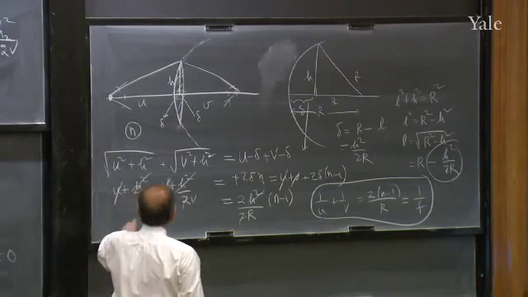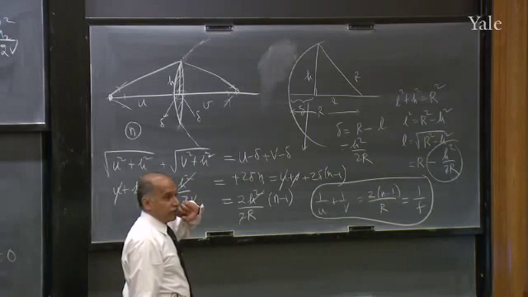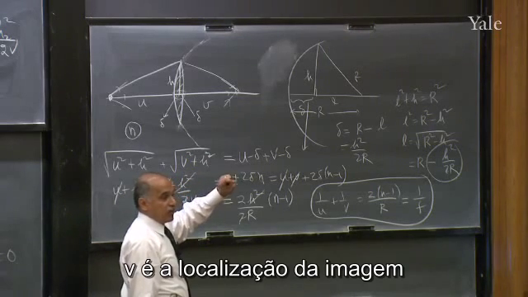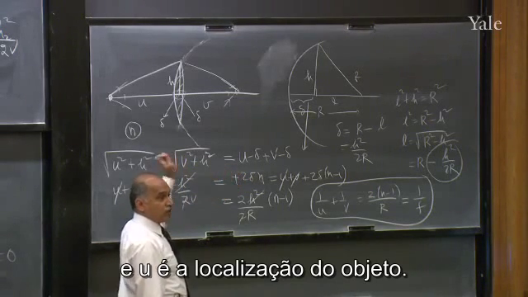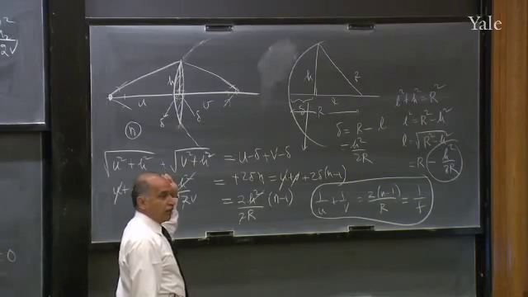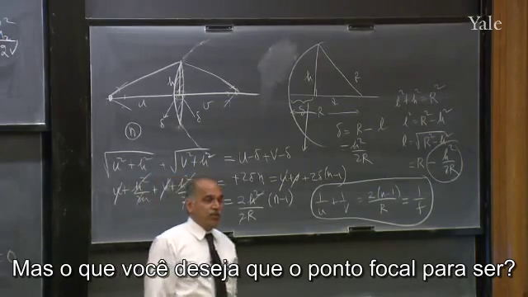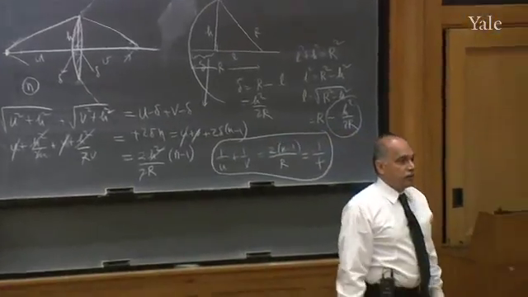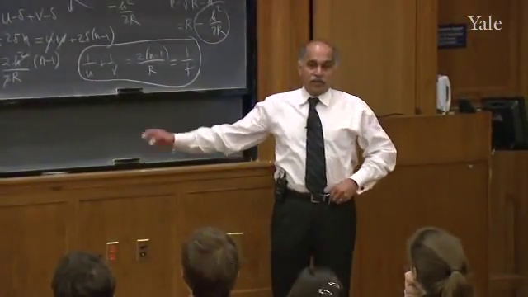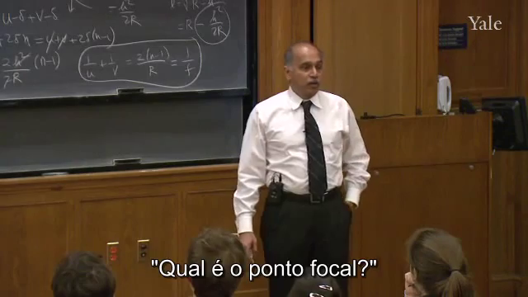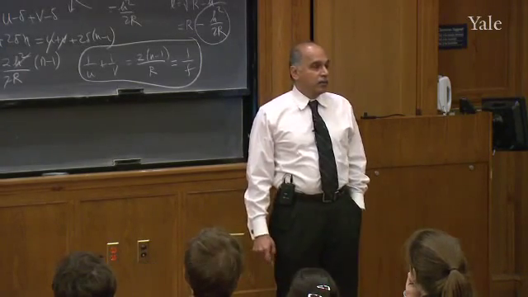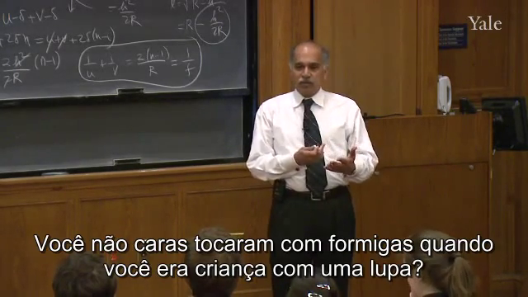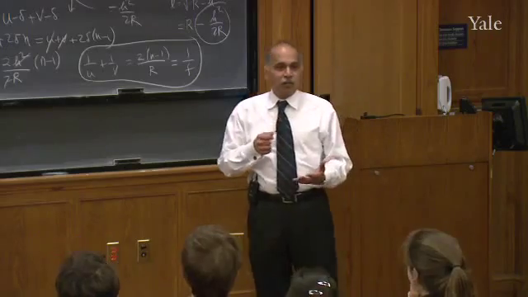Remember, v is not the focal point. v is the location of the image, and u is the location of the object. But what do you want the focal point to be? What's the definition of the focal point? If you had a lens and I said, what's the focal point, how would you find it? Haven't you guys played with ants when you were kids with a magnifying glass? Come on, what's the focal point?